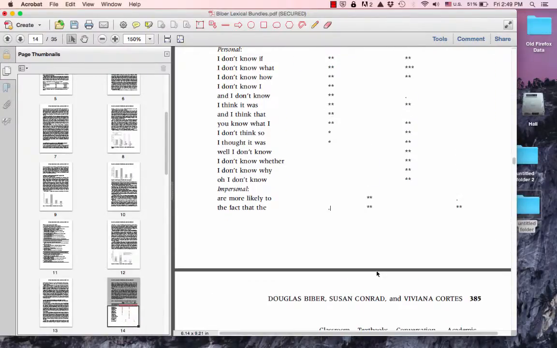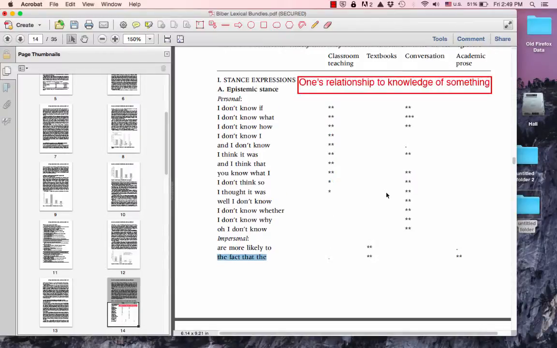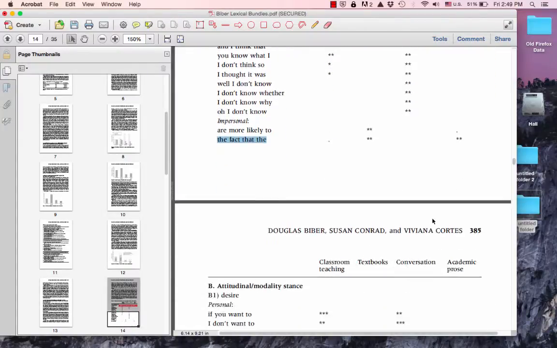Obviously it depends on the conversation and who's speaking. We of course use these things, but they are more frequent in textbooks and academic prose in the corpus that these researchers were using.